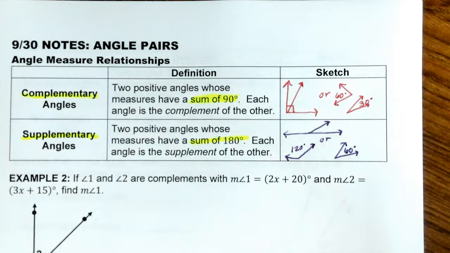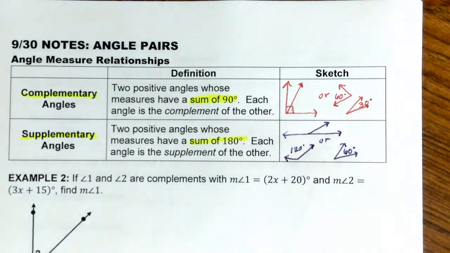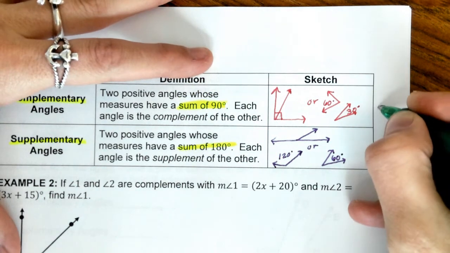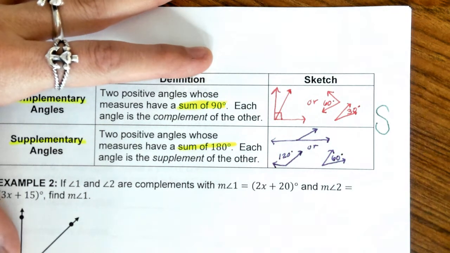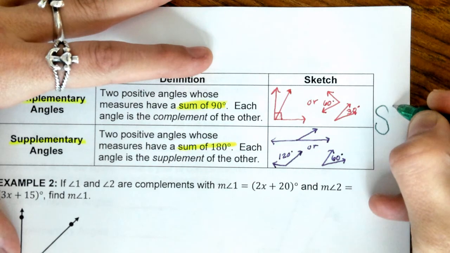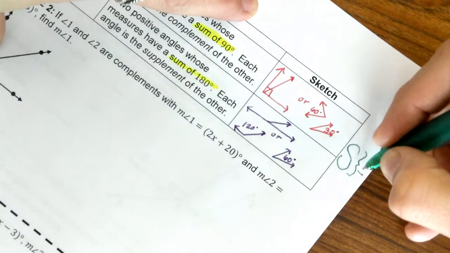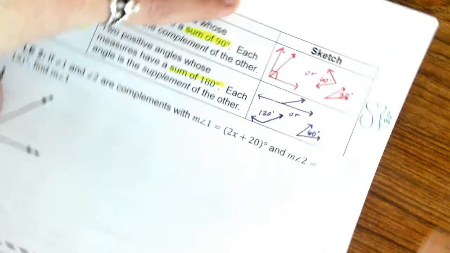Now there's a little tool that I like to use to help remember supplementary and complementary and which one's 90 and which one's 180. I draw a really big S for supplementary, and supplementary, turning this sideways, is 180 degrees.